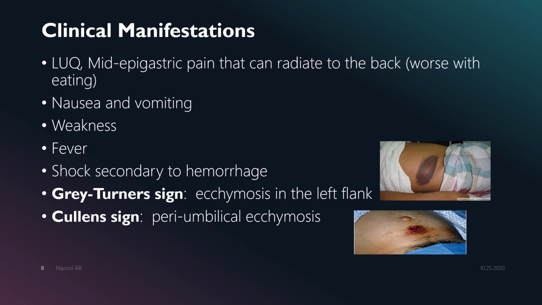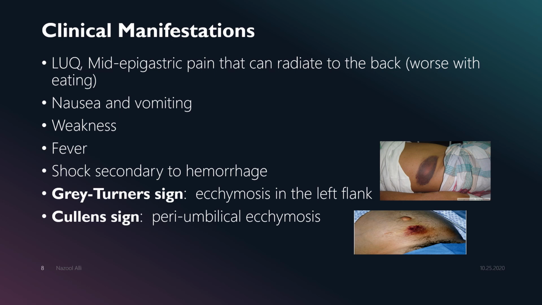If you're sitting up right now and you put your hands on your waist, where your thumbs land in behind, that's considered a flank. Coming around on the side, that's the CVA, the costovertebral angle, where your thumb is landing, and where the palms of your hands are sitting are your flanks. As you can see in the first picture, that's showing you ecchymosis or bruising in the left flank area.